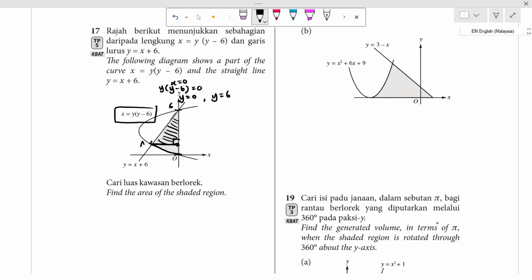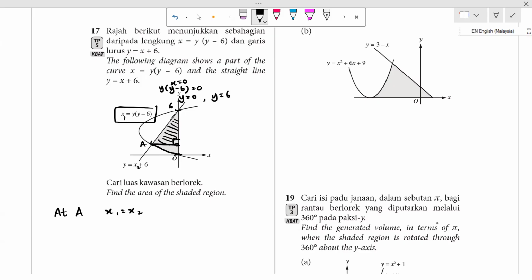Then what about this? At this point A, the y1 equals to y2, or the x1 equals to x2. Let x1 be the curve and x2 be the straight line.